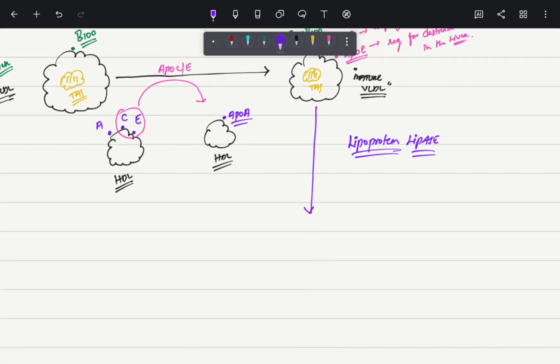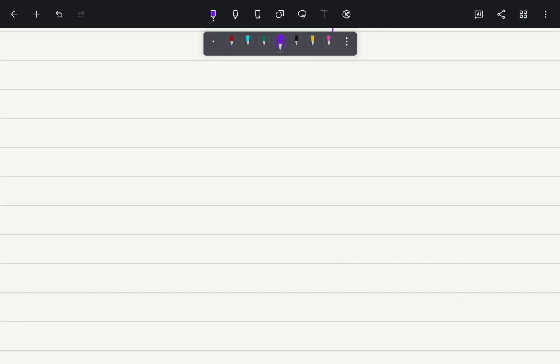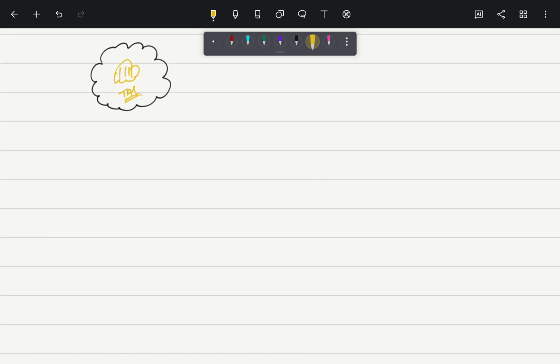I will tell this very briefly, so it will be clear for every one of us. We will draw the structure of mature VLDL, and the main component was triacylglycerol. Usually here is your glycerol. What is this? Glycerol.